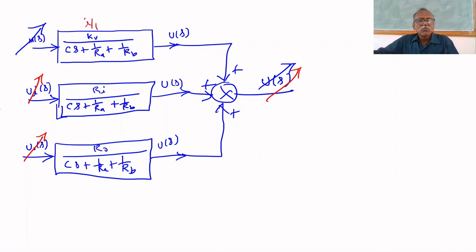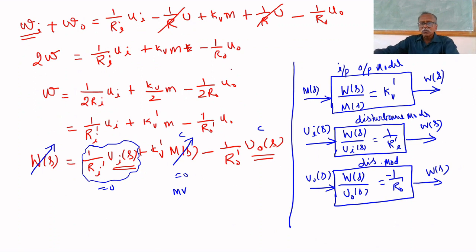This is a disturbance model. This is also a disturbance model. Here we are varying upstream pressure. Here we are varying downstream pressure. Here this is for change in valve opening. This is the manipulated variable. This model is called the input-output model, and these are disturbance models. The same way here also, this and this are disturbance models.